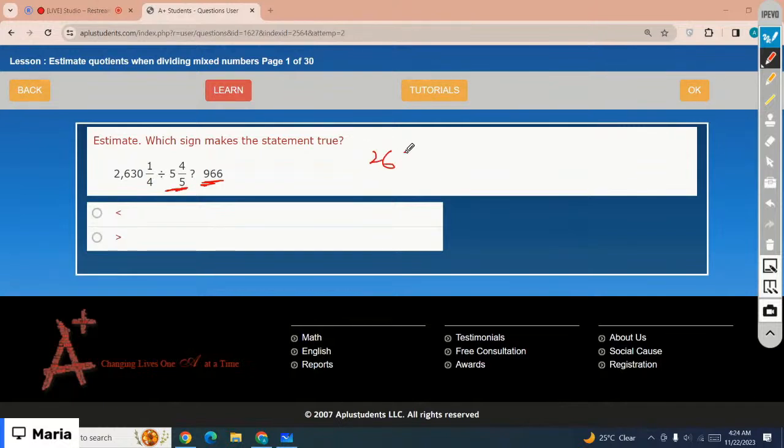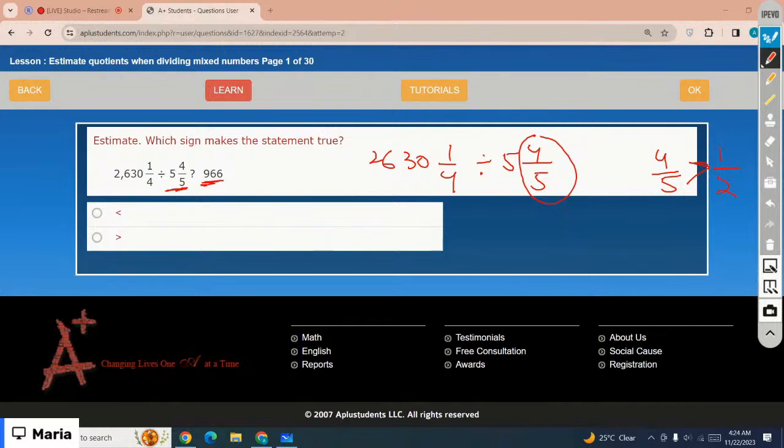That is 30 whole 1 over 4 divided by 5 whole 4 over 5. You have to compare the fractional part 4 over 5 to 1 over 2, right? 4 over 5 means almost all the part is colored, just one part is left out of 5. So obviously 4 by 5 is greater than 1 over 2, right?